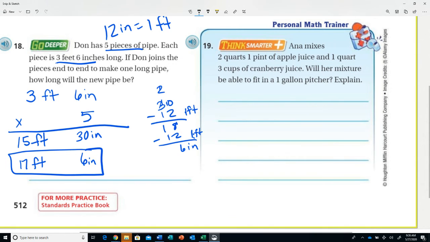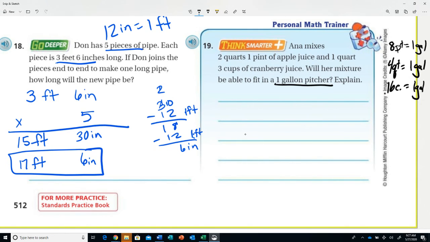Let's make sure we know what equals a gallon. 8 pints equals 1 gallon. 4 quarts equals 1 gallon. 16 cups equals 1 gallon. So keep those in mind. If we feel like we need a few other ones, we can do cups to quarts and quarts to pints if we need it.